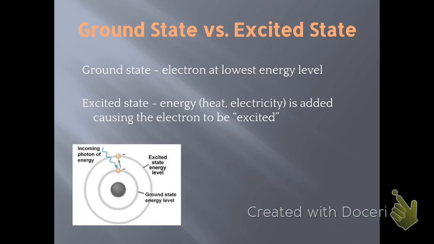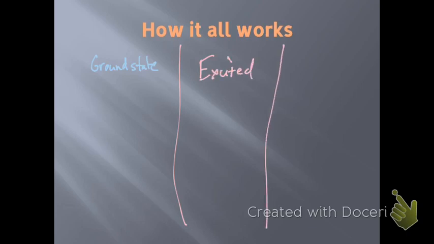All right, so how does this work? Very simply, you have an electron at the ground state, then the excited state, and then back to ground.